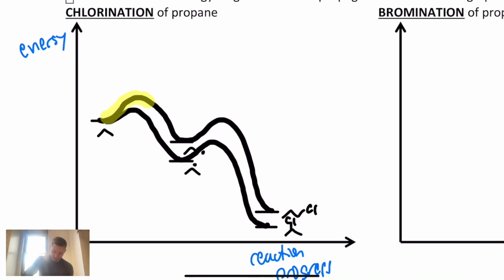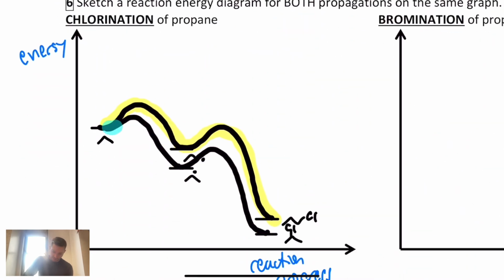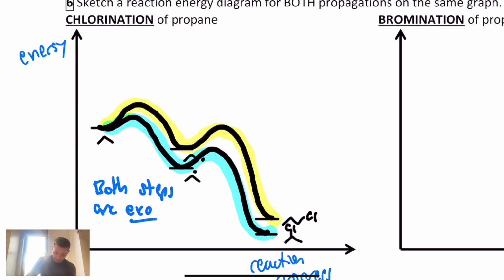Here's the primary product in yellow, and then I forget already, we used a light blue for the secondary case, so there's our secondary case. I'm just going to notice one thing. Both steps are exothermic in chlorination. I'm just making a mental note of that because I see that in the diagram.